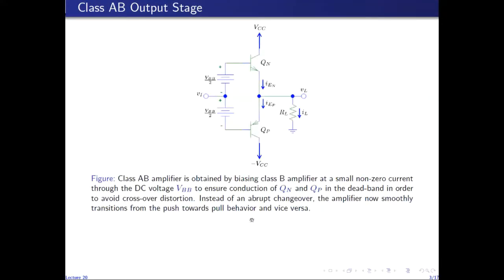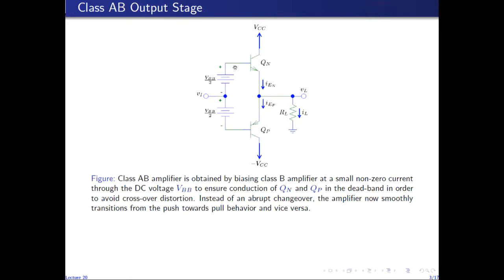A class AB output stage, as shown in this diagram here, is a variation of the class B output stage, which is biased at a small non-zero current through this DC voltage VBB between the base terminals of the two complementary devices.